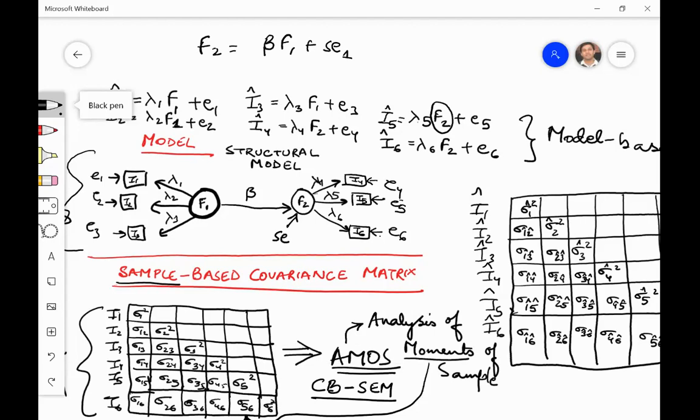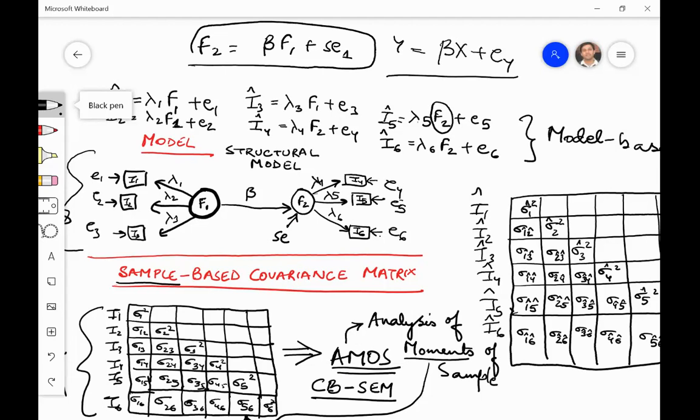So beta times F1. It is like a regression equation: Y is equal to beta times X plus residual of Y. Essentially, I4, I5 and I6 are going to be derived based on F1 and F2, and F2 is in turn derived from F1.